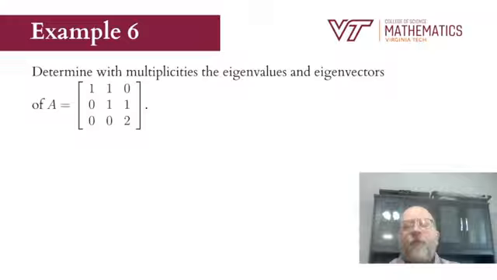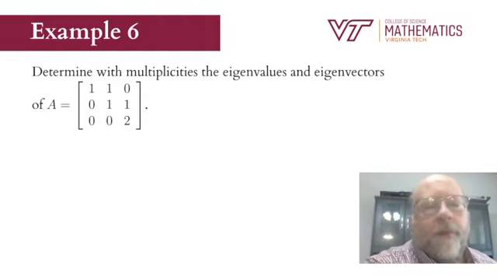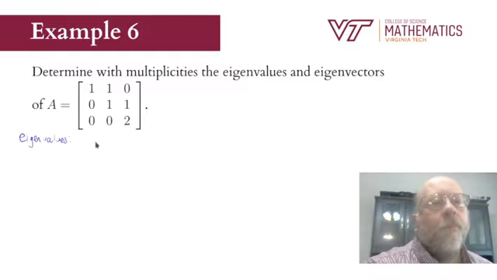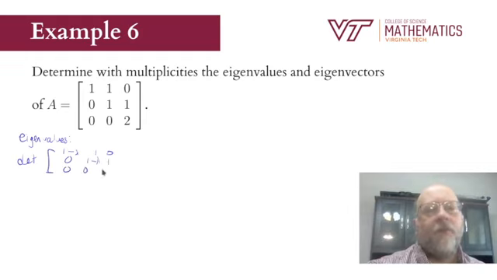All right. Let's try this with a 3 by 3 matrix real quick, just so you can see a slightly more complicated example of how multiplicities come into play here. So in this example, I'd like to find the eigenvalues first. We're going to set the determinant of 1 minus lambda, 1, 0, 0, 1 minus lambda, 1, 0, 0, 2 minus lambda equal to 0.